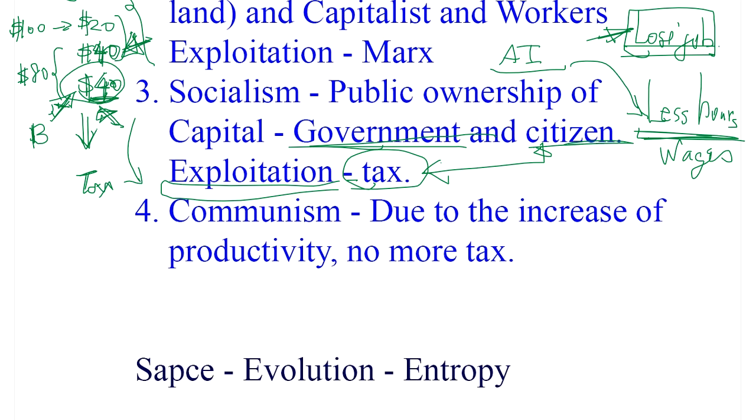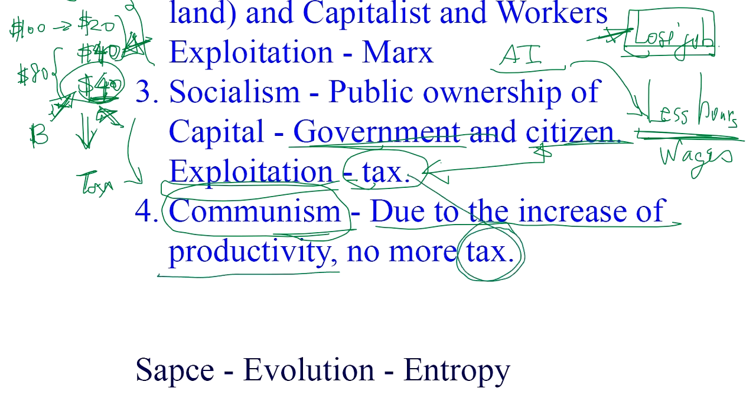And the utopian idea Marx mentioned is communism. Due to the increase of productivity, this tax disappears. So it becomes irrelevant because productivity is so high. So everybody says, oh, communist.